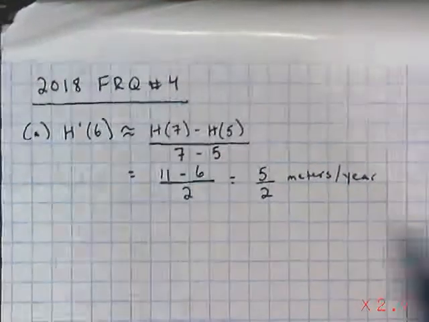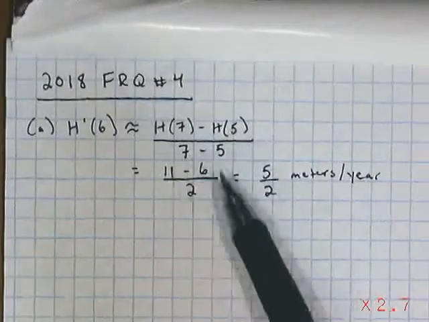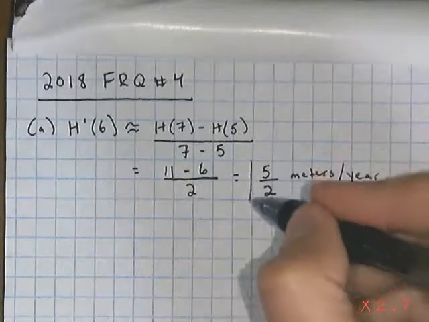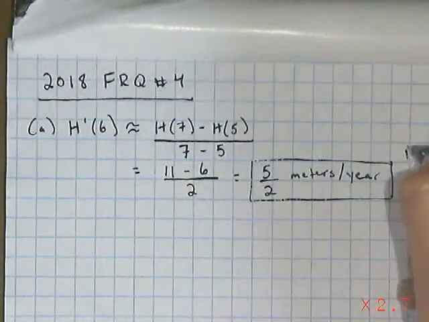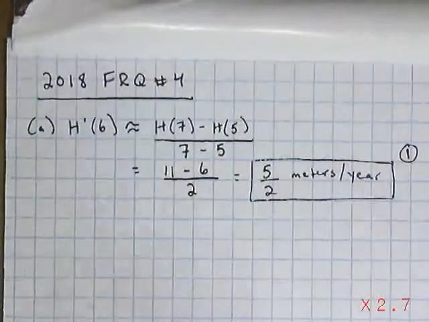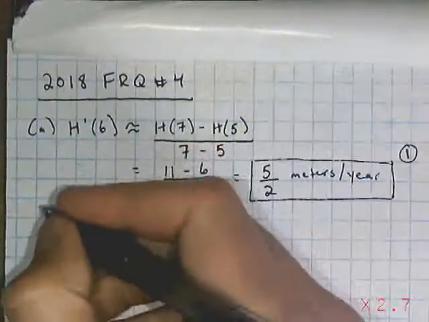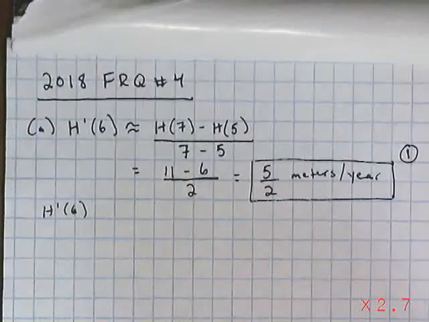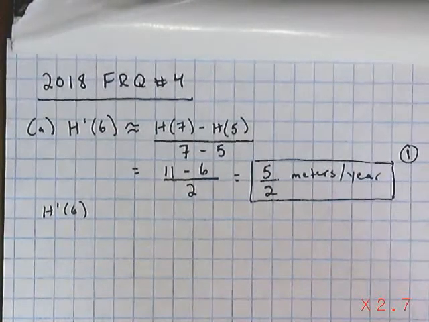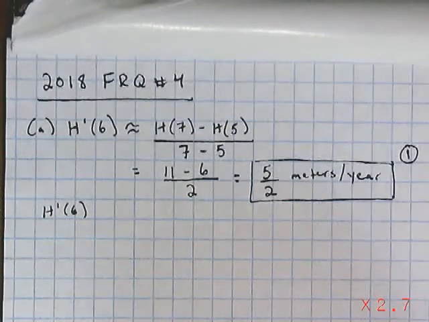Even if you totally blanked and couldn't really figure this out, you get the point here. But you could pick up a point whether you got this or not by saying the following: that h prime of 6 is just you showing the reader that you know what the derivative in this specific instance means.